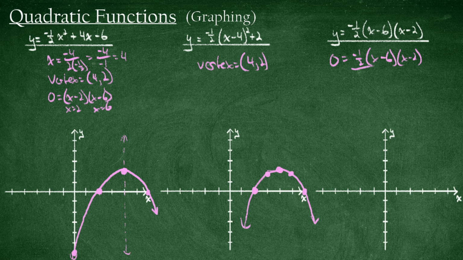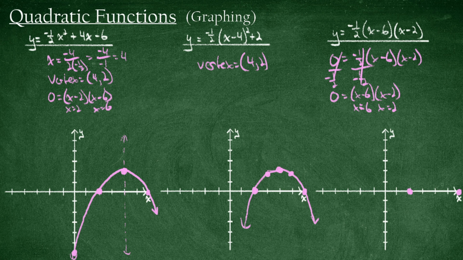Well, just divide both sides by negative 1/2, because 0 divided by anything is just 0. So you end up with 0 is equal to x minus 6 times x minus 2, which means our x-intercepts or roots are x is equal to 6 and x is equal to 2. So we can graph those, boom, and around here, boom.